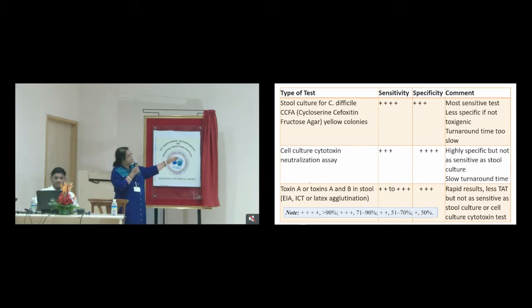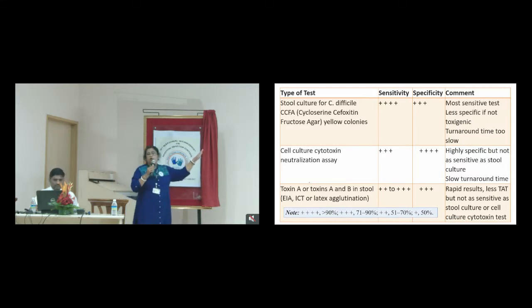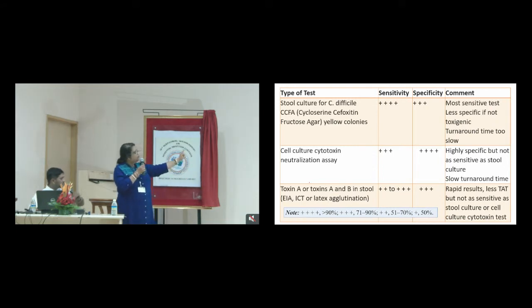So came the demonstration of toxin A, or toxins A and B, and the formats they were using were either ELISAs or ICTs or latex agglutination tests. They produce rapid results, with less turnaround time, but they were not as sensitive as the stool culture or as specific as the cell culture cytotoxic assay.